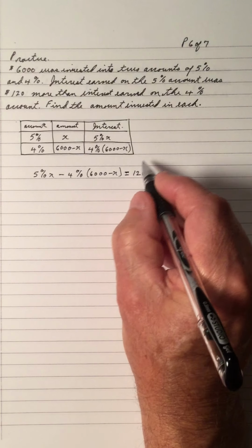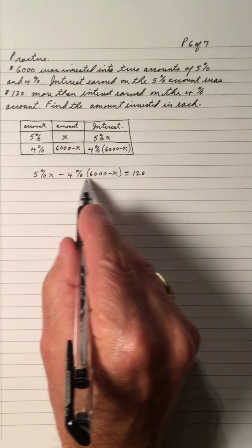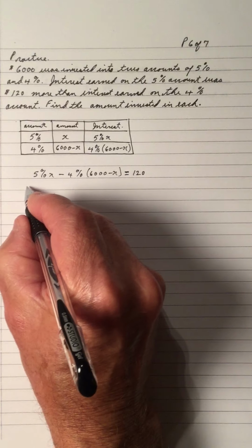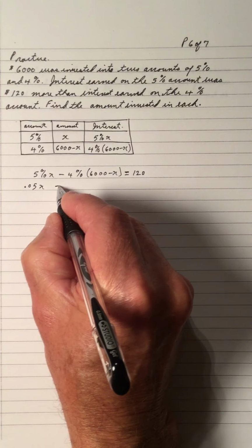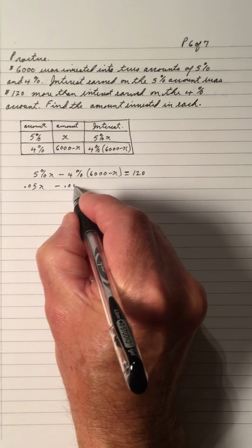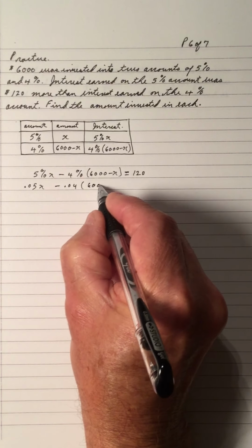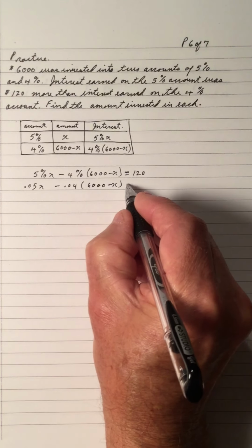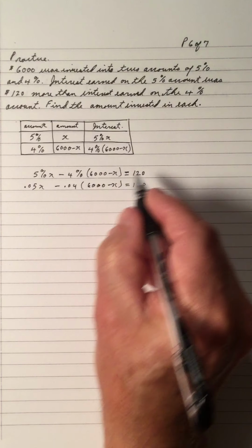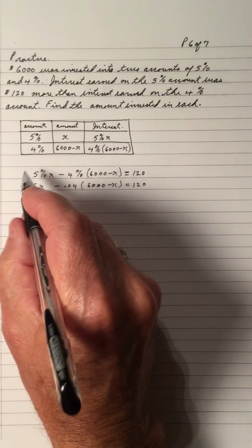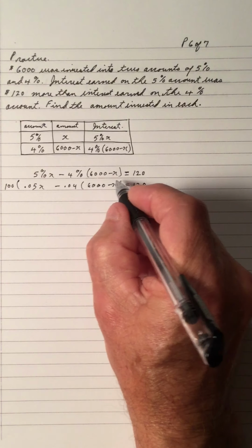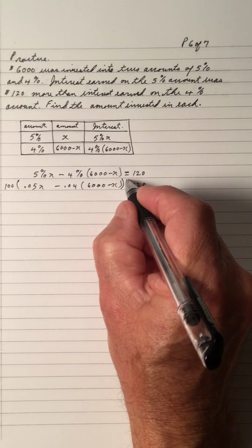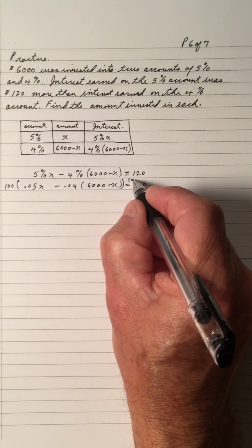We're not adding them up this time, we're subtracting. So I'm using subtraction. And 5% is decimal 0.05 times X minus decimal 0.04 times 6,000. So I changed my percent to a decimal. Now I'm going to multiply both sides by 100 because I have two decimal places. Multiplied by 100.